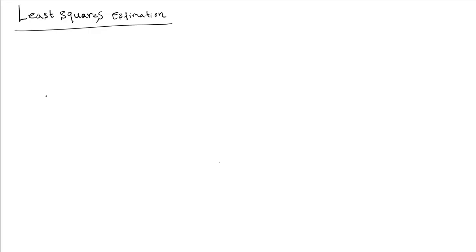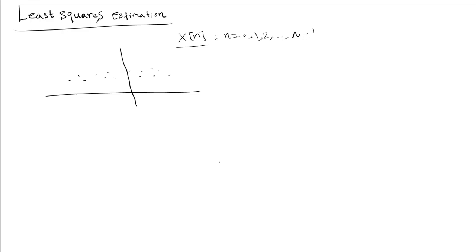We have some data. For example, this is our data. Here are my data and my observations. For example, I have n samples, and I'm going to fit a model to this data.